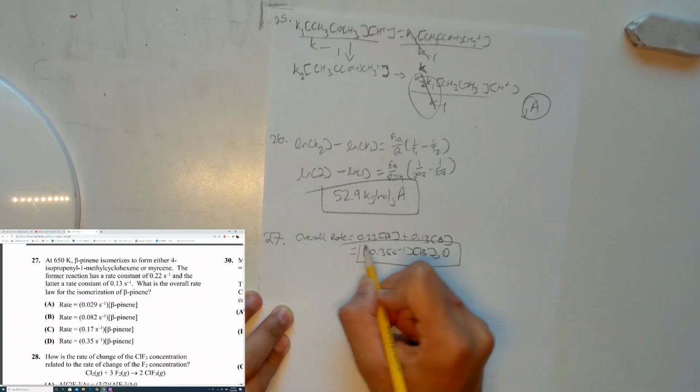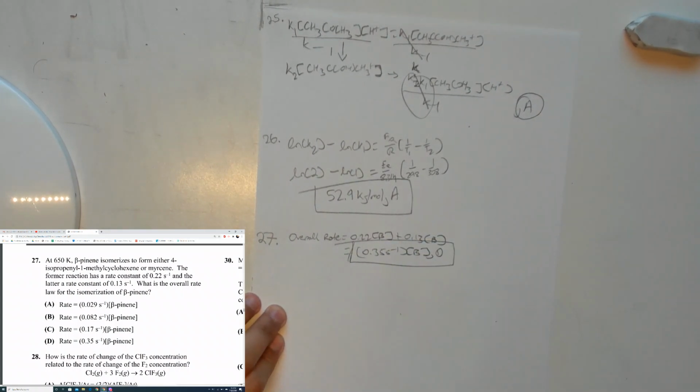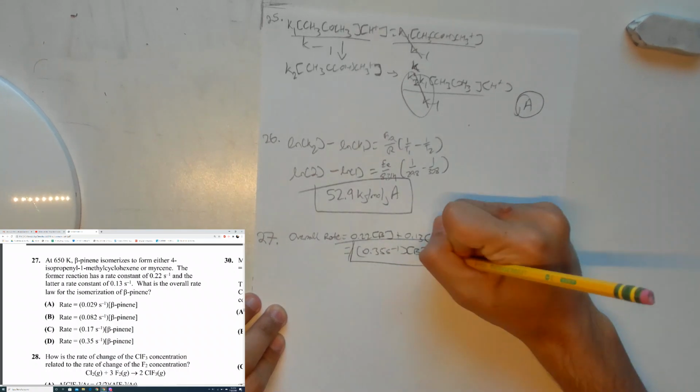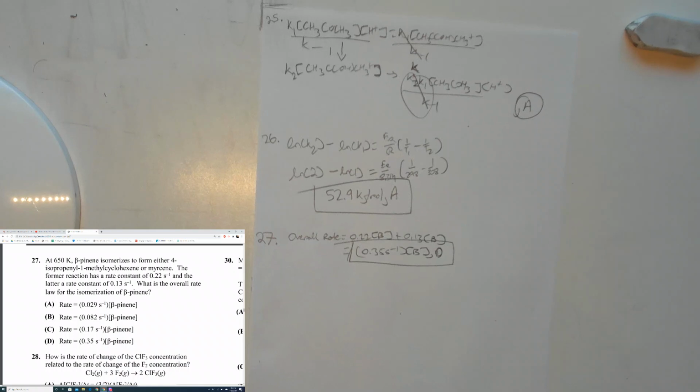But why do we add them? Because isomerization is usually first order, so if you add them, you're taking into account the two reaction pathways.